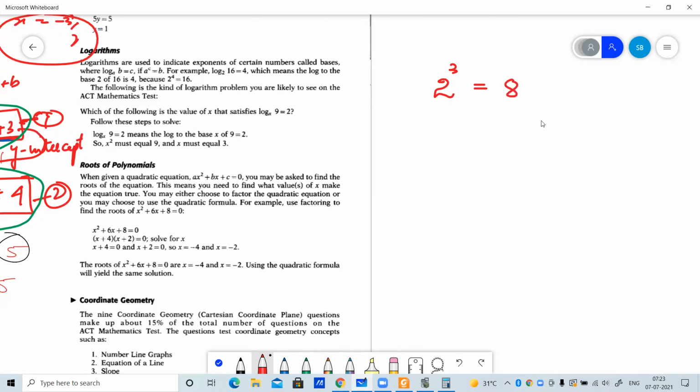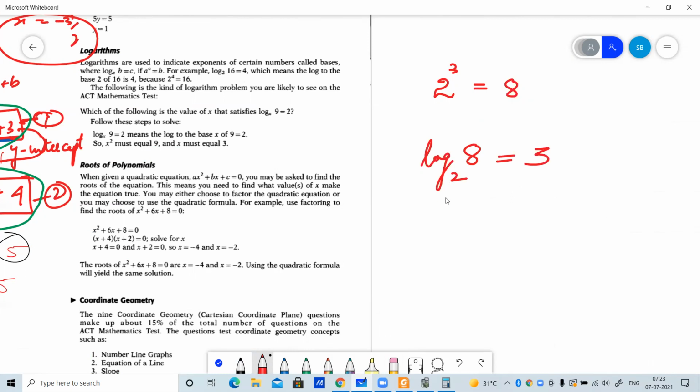And the opposite of exponents is logarithms. See how I'll write logarithms. Log of 8 to the base 2 is equal to 3.